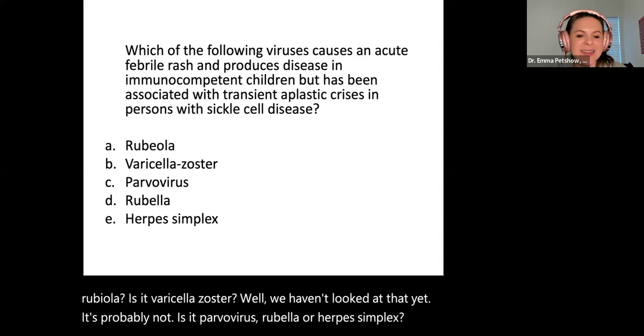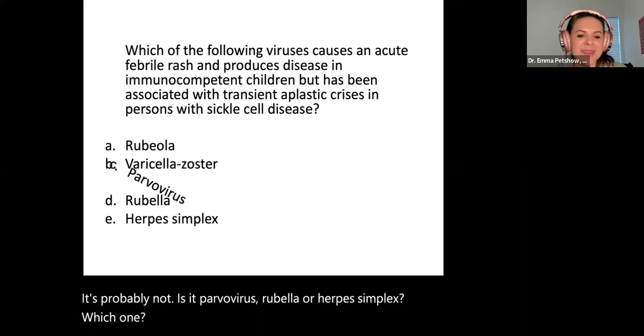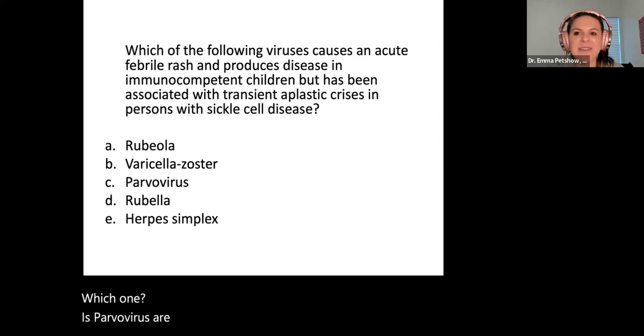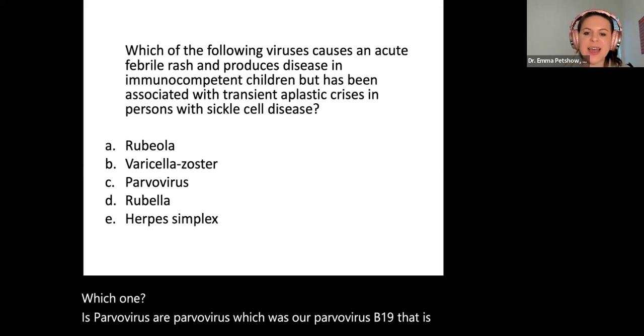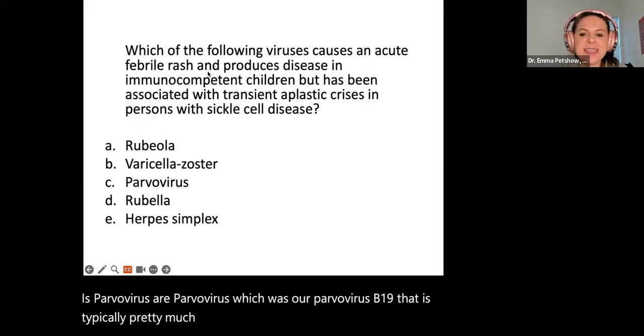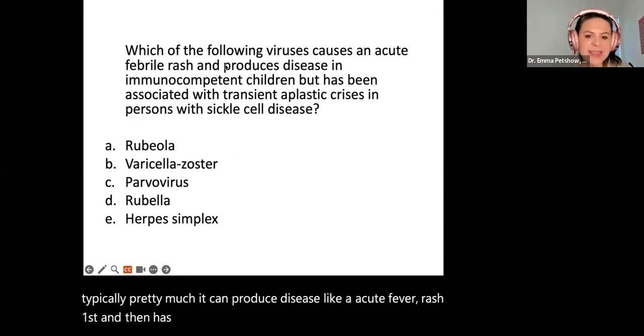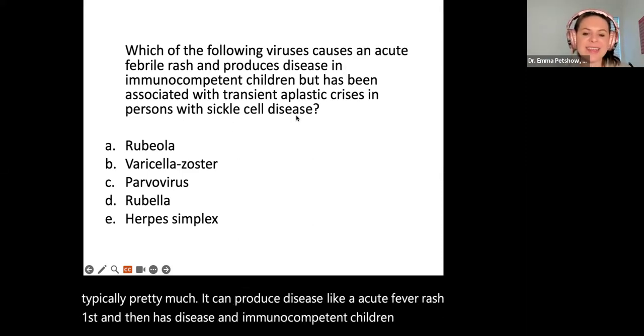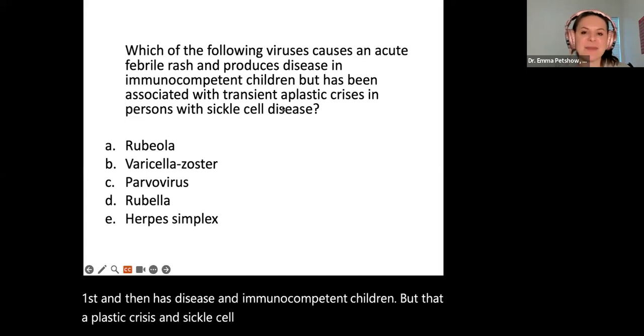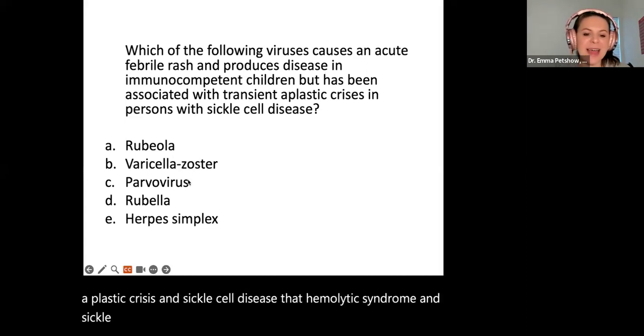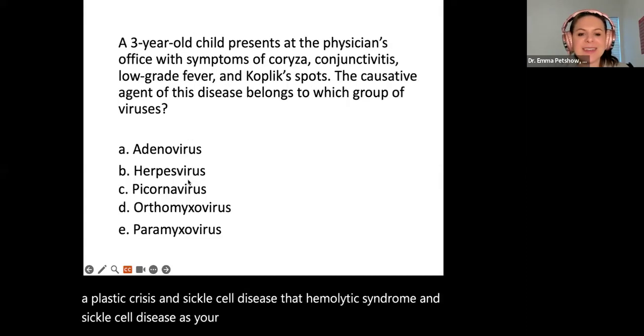Which one? It's parvovirus. Our parvovirus B19 can produce disease like an acute febrile rash first, and then has disease in immunocompetent children, but that aplastic crisis in sickle cell disease, that's your parvovirus.